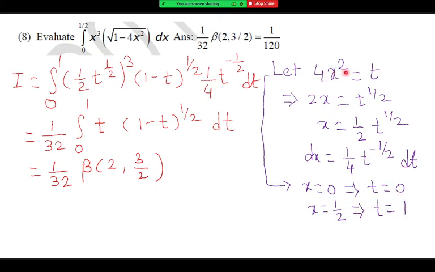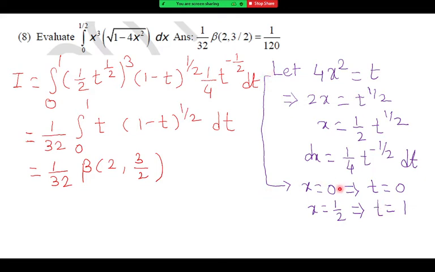Suppose I replace x square equal to t only. Suppose x square is t. So what happens? Suppose the limits of x are 0 to 1, like the previous example. So when x is 0, t is 0. When x is 1, t is 1, provided the limits of x are 0 to 1. So that time there is no need to write this, because the limits remain the same. So if you have a problem where the limit changes, you write it every time.